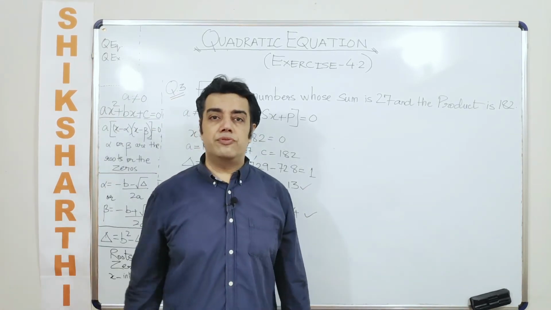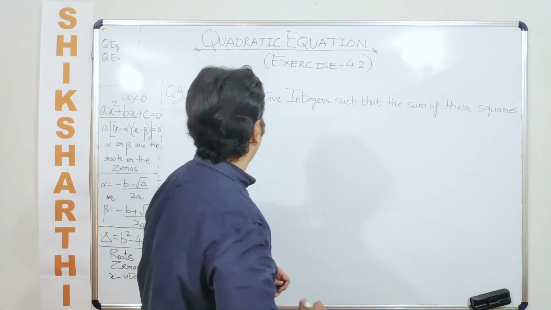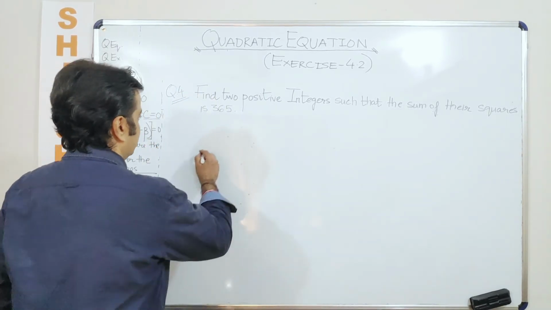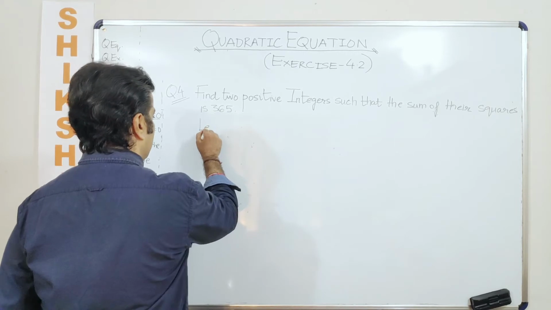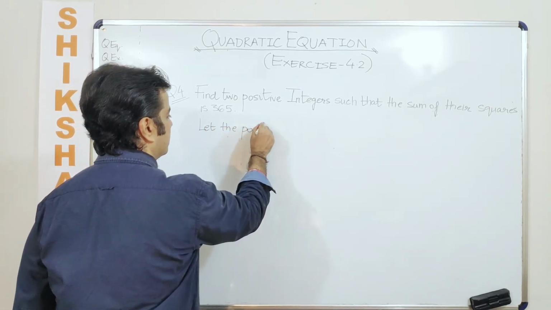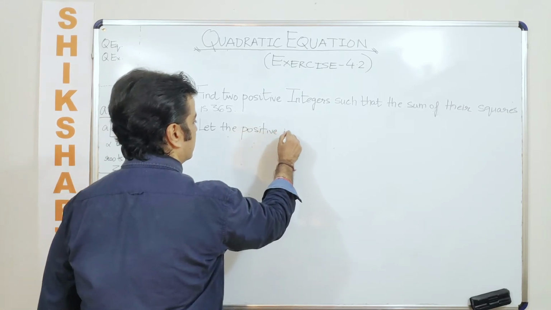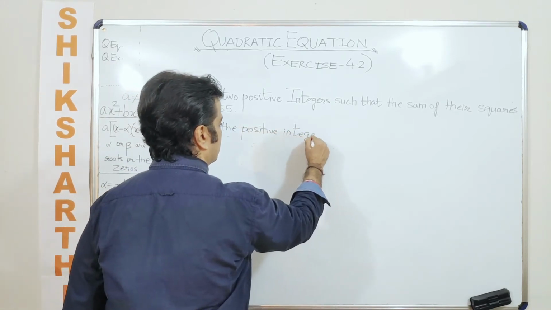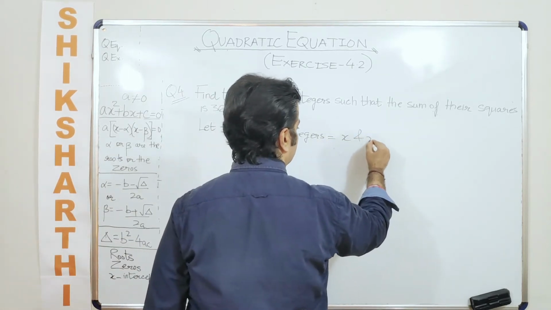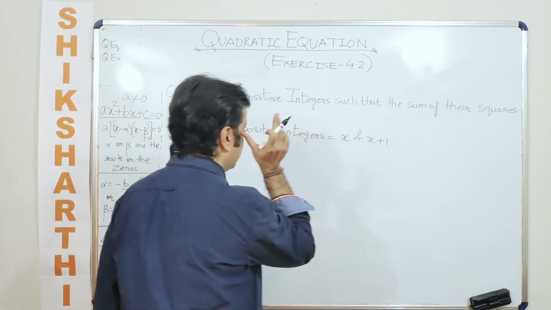Let's move on to question number 4. Question number 4 says: find two positive integers such that the sum of their squares is 365. Let the positive integers be x and x plus 1. So what are we saying?